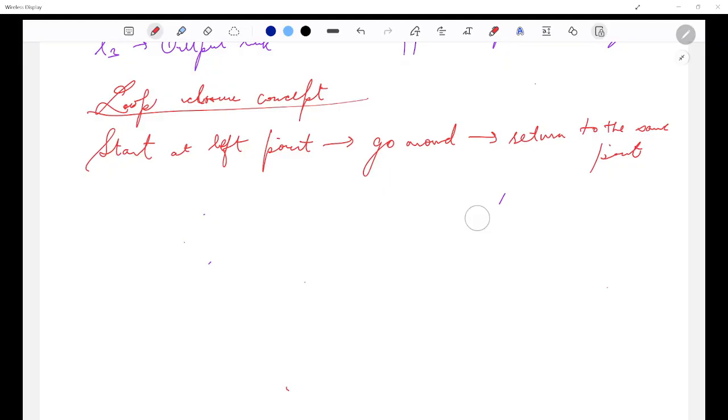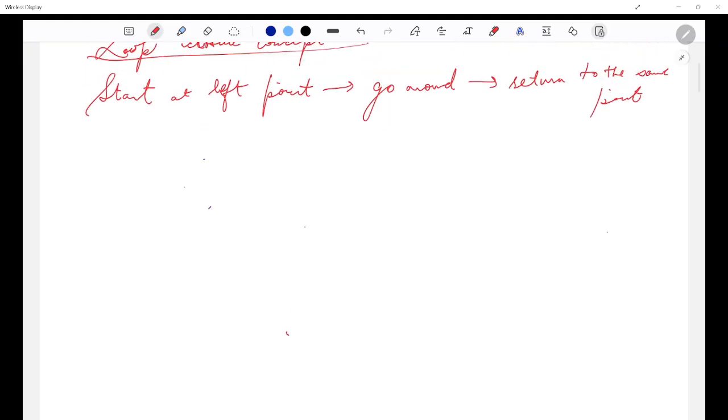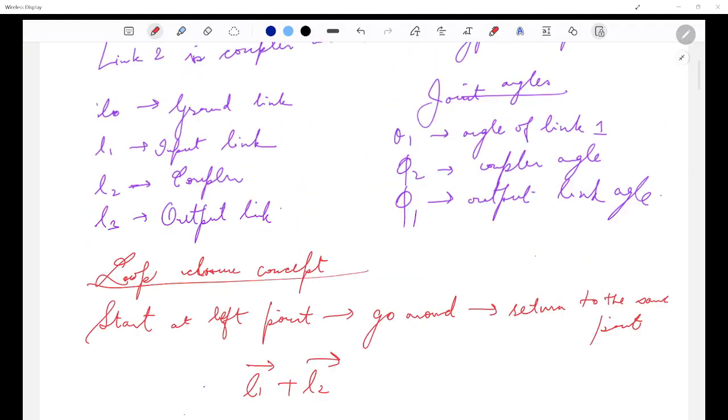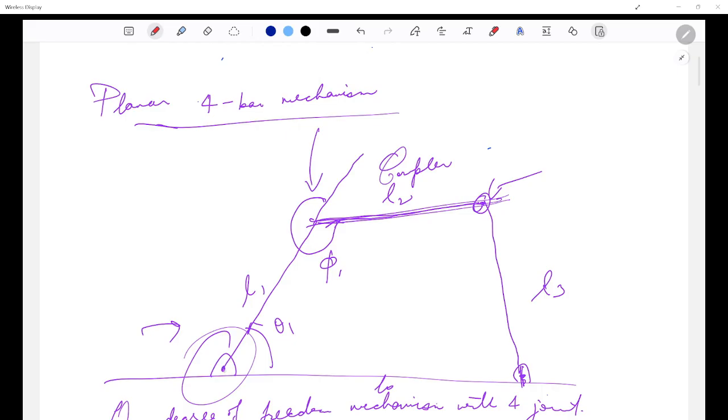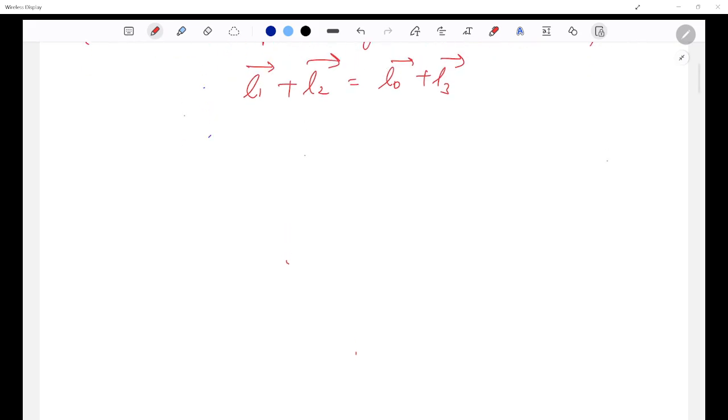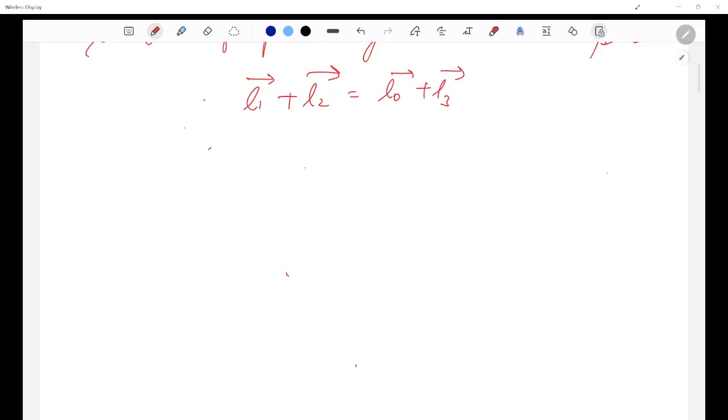Let's do it in this way. Our L1 vector plus L2 vector, where these two vectors are reaching, should be equal to L0 vector plus L3 vector, right? This is just simple addition of vectors.